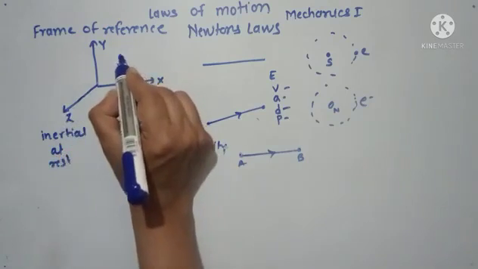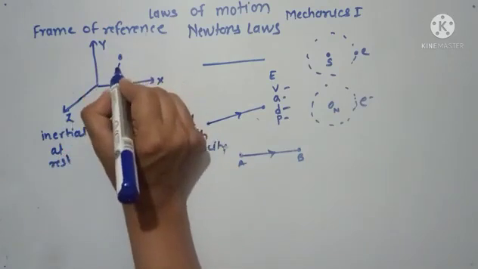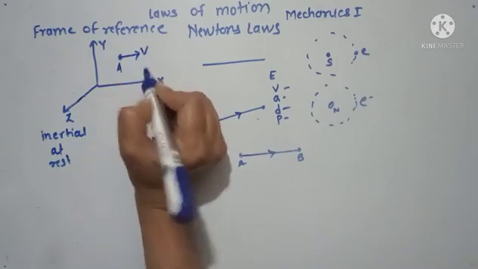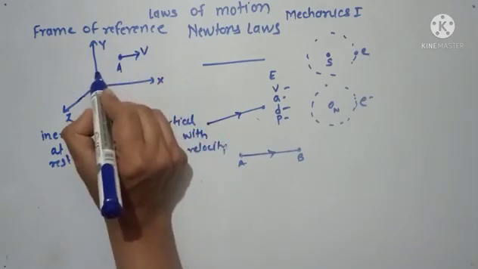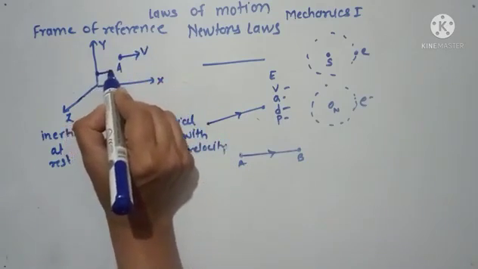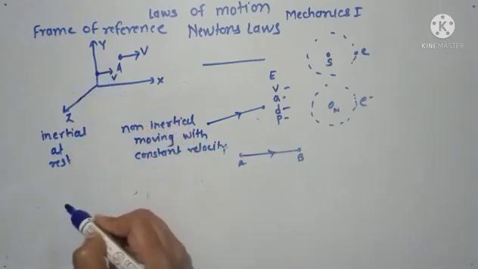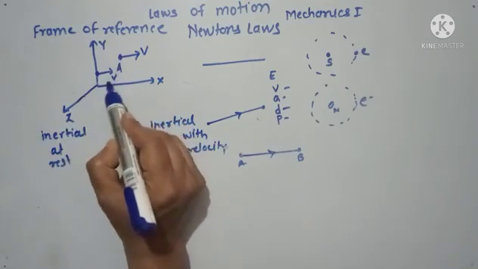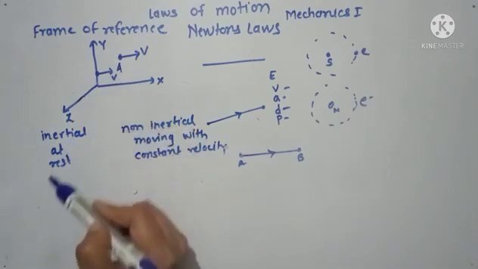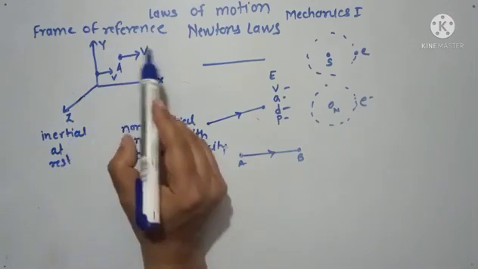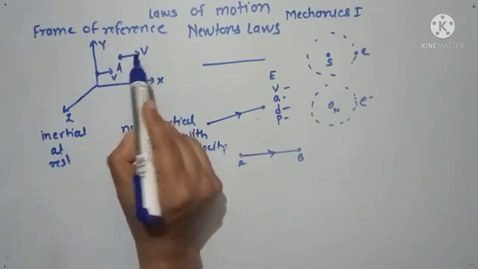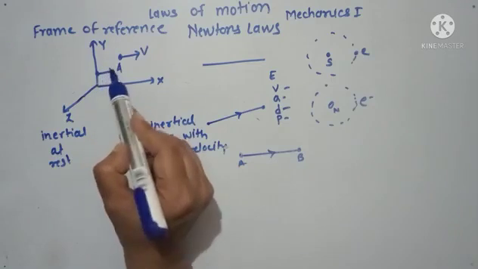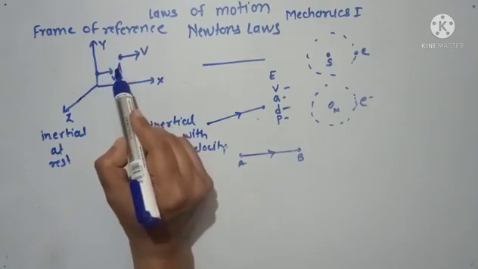Let me call this particle A. Now if this particle is moving with a constant velocity v, and this frame of reference is also moving with the same constant velocity v, then also such a motion is called motion in an inertial frame of reference, because the particle is moving with the same velocity as the frame of reference, so the frame is fixed with respect to this particle.